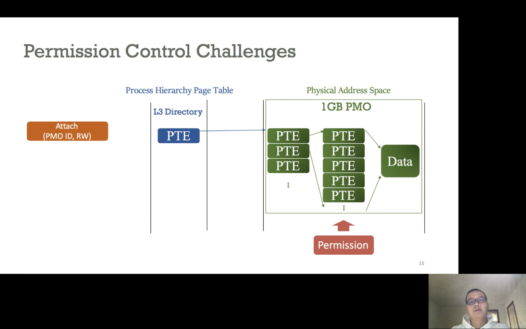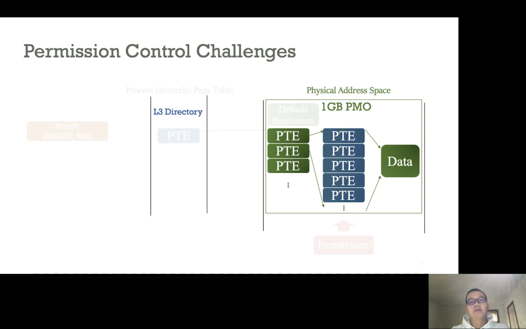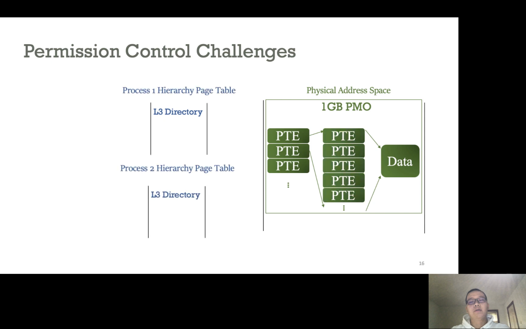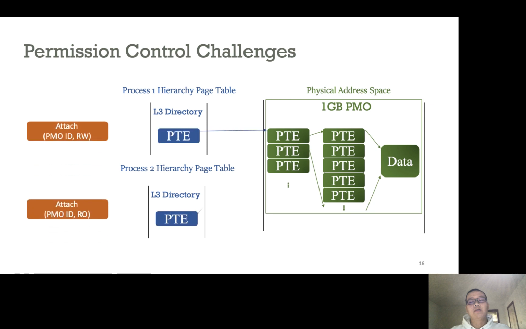We can use a default permission of the PMO, but when the requested permission is different from the default permission, all the last level PTEs need to be changed. Moreover, when a PMO is shared by two processes with different permissions, one of them needs read-write permission and another needs read-only permission. We only have one embedded page table subtree. It cannot support such a scenario.